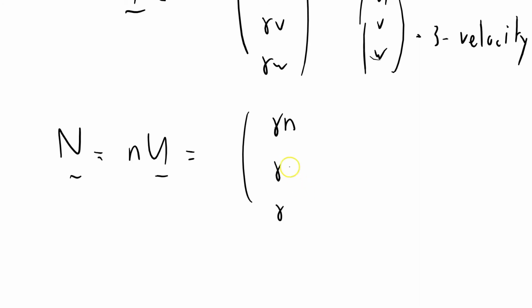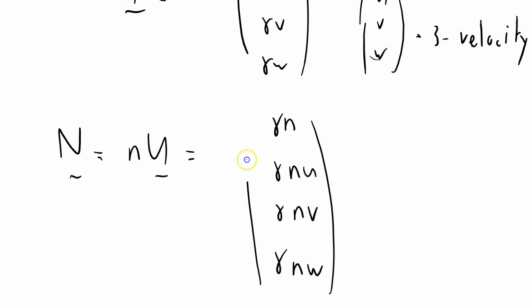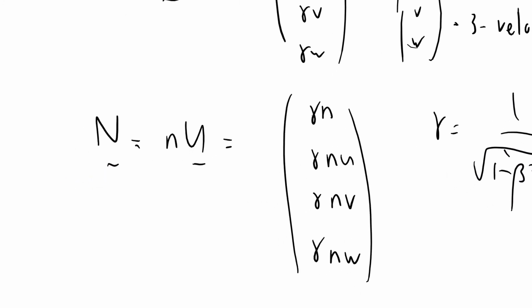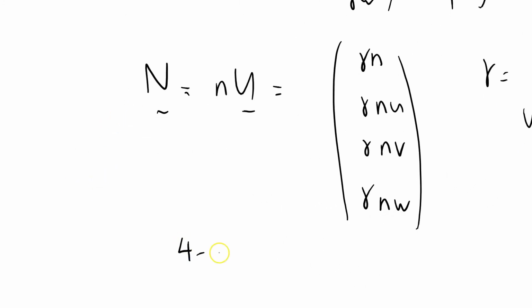Sorry, that should be gamma n, gamma n u, gamma n v, and gamma n w. Where of course gamma equals 1 over root 1 minus beta squared. And that is the definition of the 4-number flux.